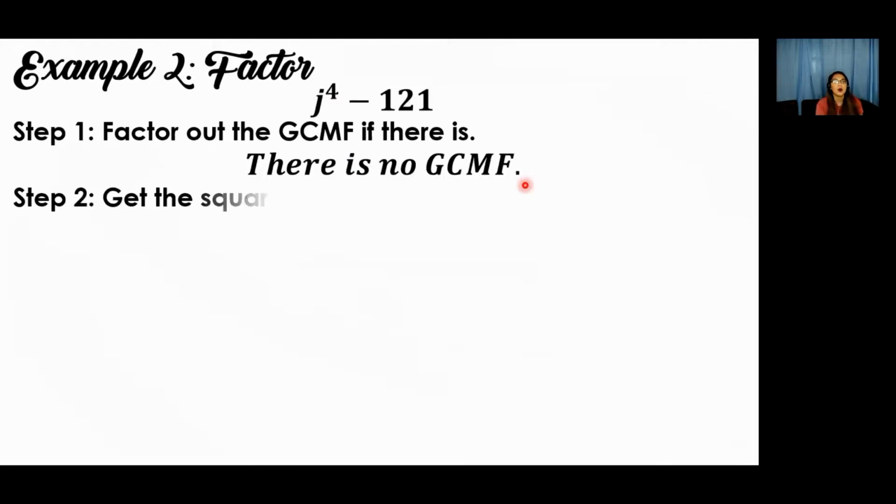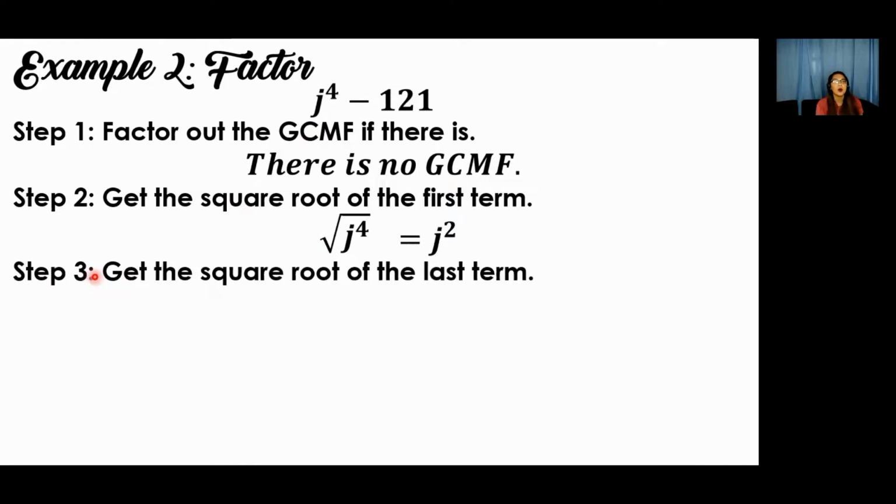Step number 2, get the square root of the first term. So, our first term is j to the 4th. The square root of j to the 4th is j squared. Step number 3, get the square root of the last term or the second term, 121. What is the square root of 121? That is 11.